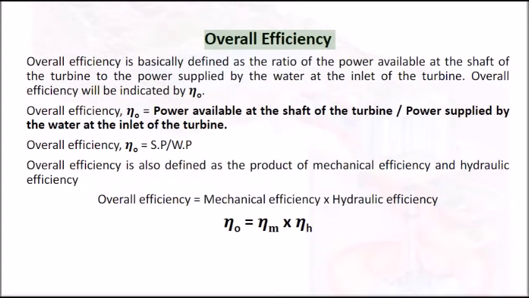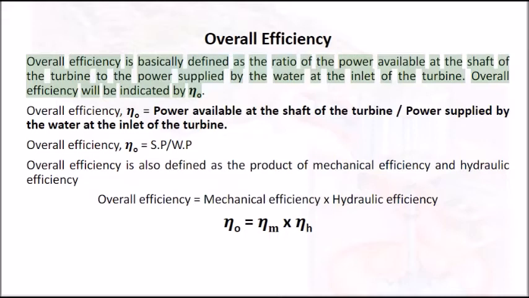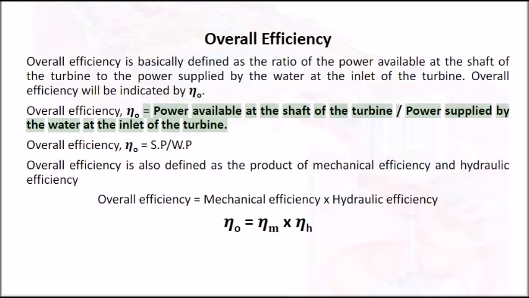Overall efficiency. Overall efficiency is basically defined as the ratio of the power available at the shaft of the turbine to the power supplied by the water at the inlet of the turbine. It is indicated by ηO. Overall efficiency ηO equals power available at the shaft of the turbine over power supplied by the water at the inlet of the turbine, that is, ηO equals SP/WP.